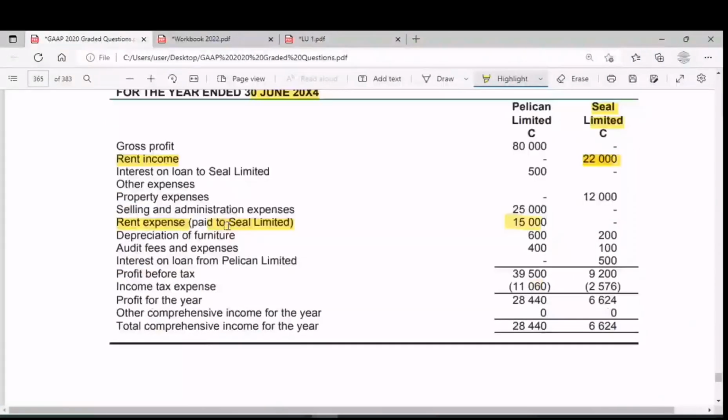Our income statement has no sales or cost of sales, so we work with what we were given. Our income statement starts from gross profit.